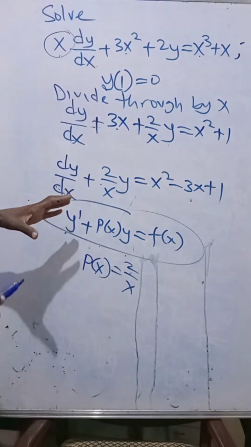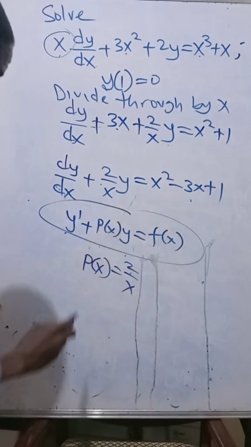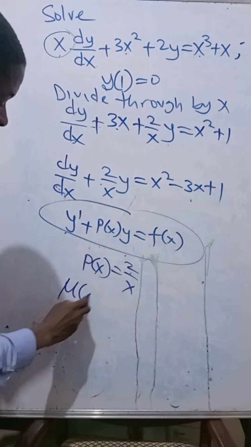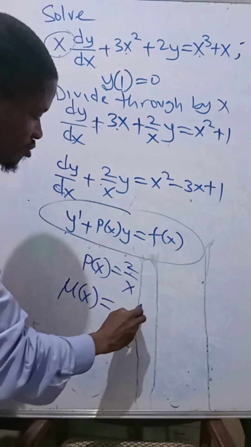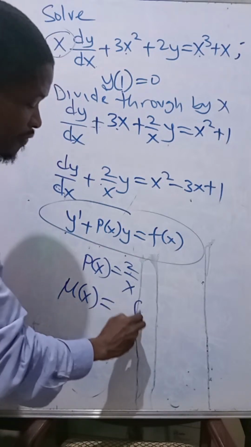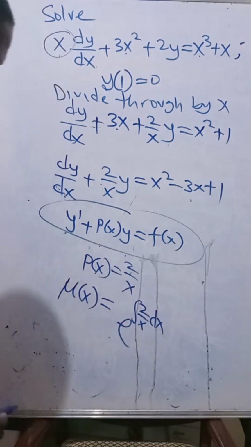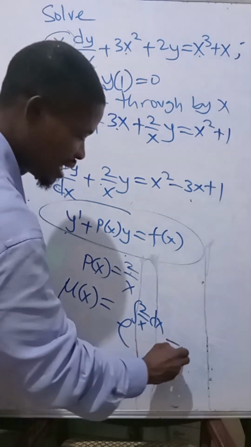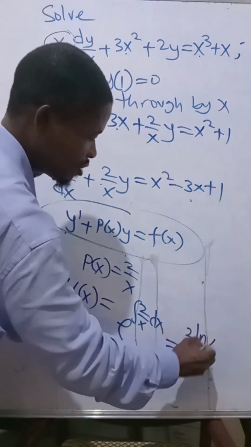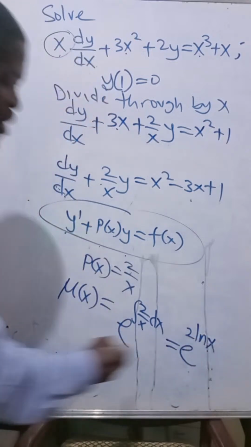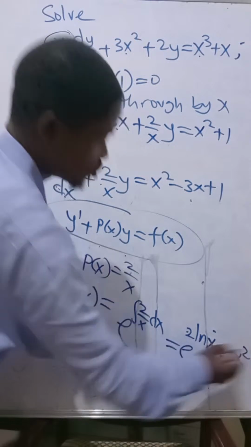Then the next thing to do in solving a linear differential equation is to get the integrating factor. That will be equal to e to the exponent of the integral of P of x dx. My P of x is this, and that will give you e to power 2 natural logarithm of x, which is equal to x squared.